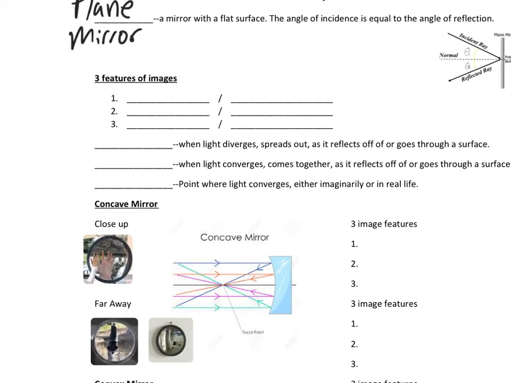Three features of images. Okay, so when we're dealing with looking at how images look to us, there are three types. The first one is magnified or diminished.